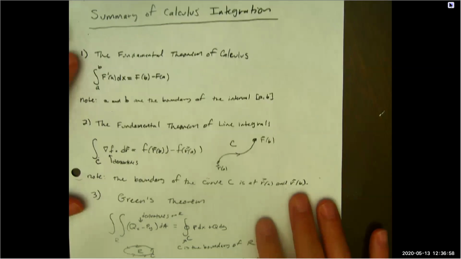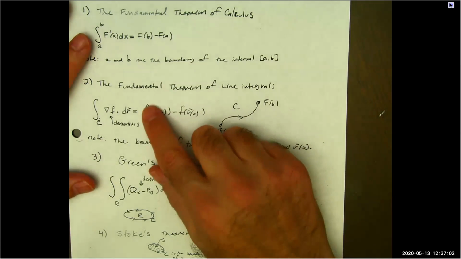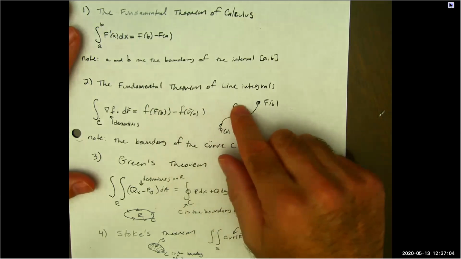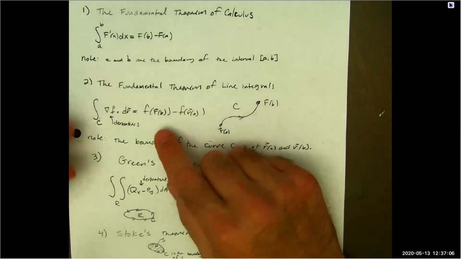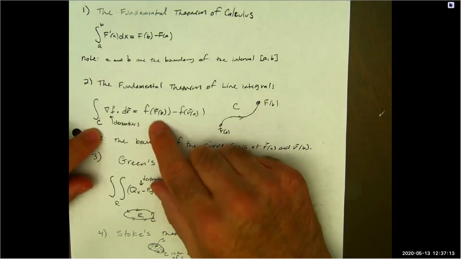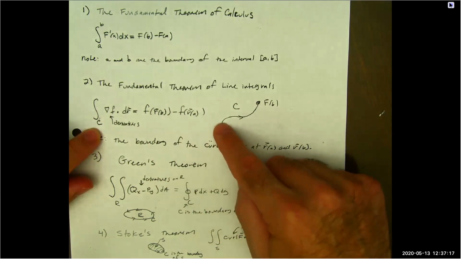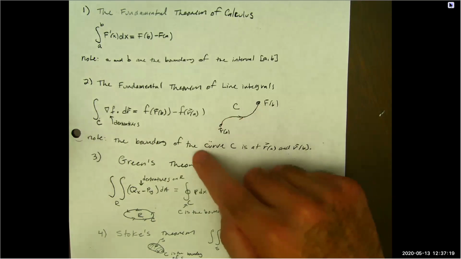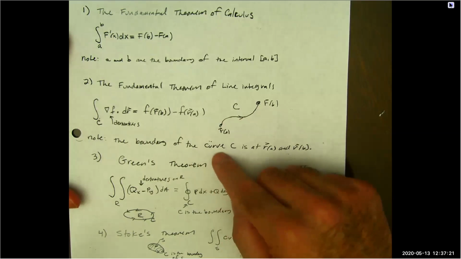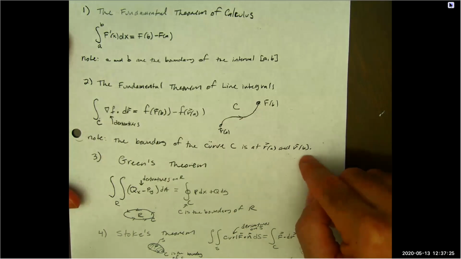All right, so some time went by, and then more recently we looked at the fundamental theorem for line integrals. And what this says is that if we're integrating a gradient over C, the line integral, then this is equal to f of r of b minus f of r of a, where we're integrating over this curve. And so note the boundary of the curve C is r of a and r of b.